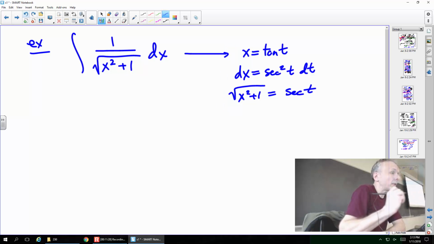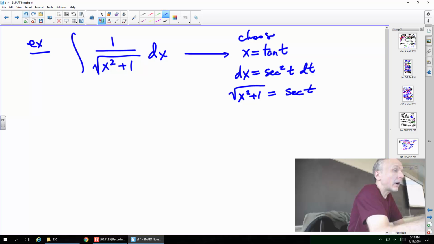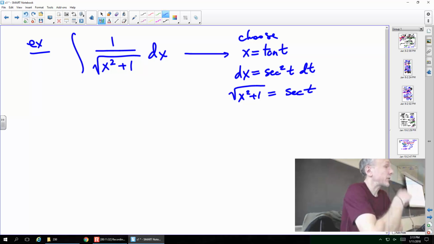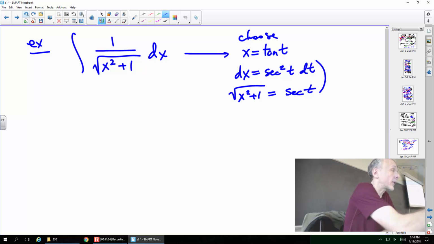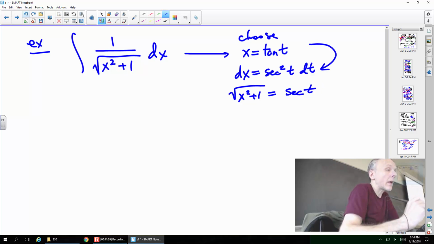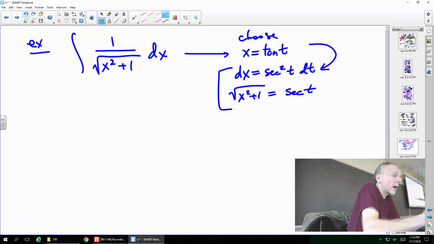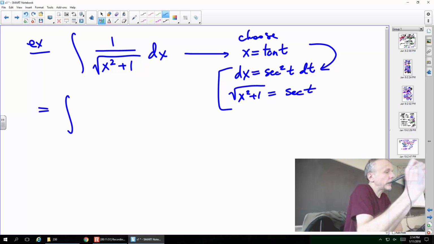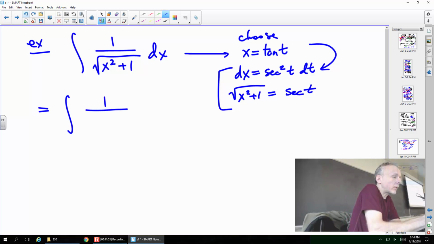So this is the substitution: the new variable t is expressed in terms of the old variable. Then from that we produce this. And then these two combine together, dx as well as the expression for the denominator, gives me a new expression for my integral, entirely in terms of t. So secant t, and this is secant squared t dt.